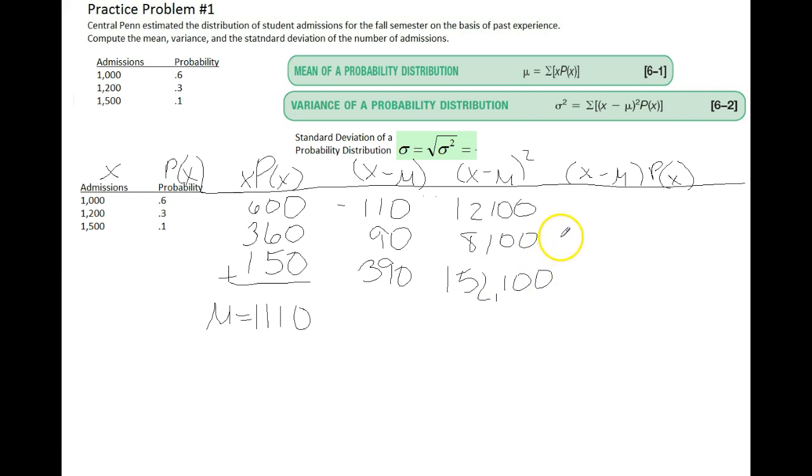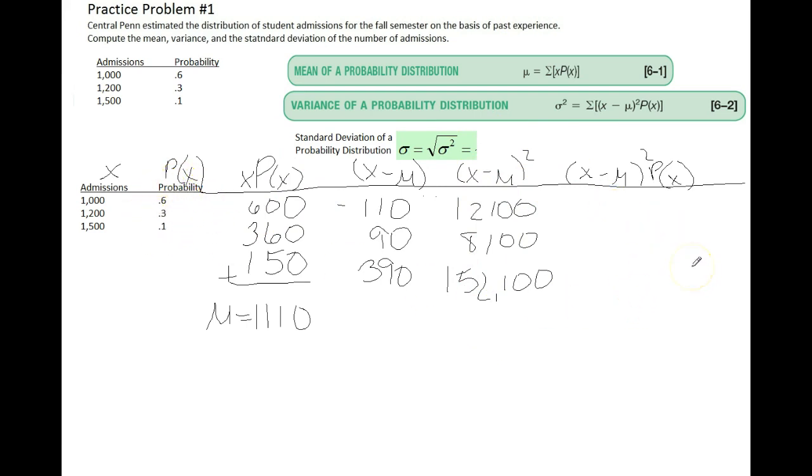Okay, and then our final piece of the puzzle, I'm missing a square up here, let me add that, is to take this column here that we've found and multiply it times P of X, which is our probability over here.